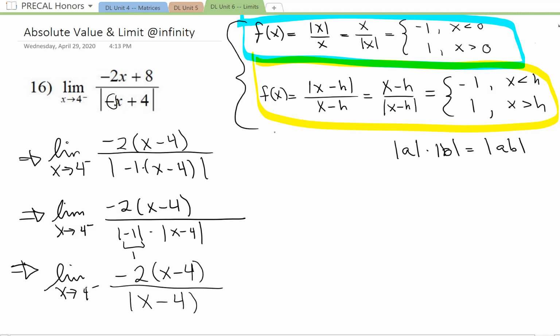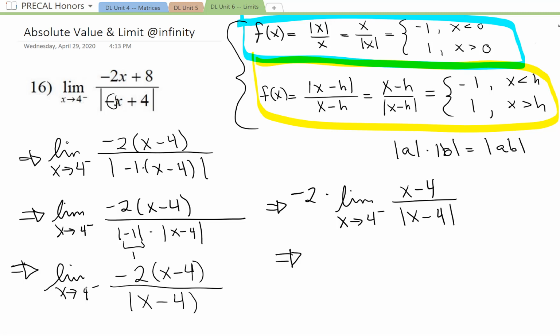We're almost there. It almost looks like the form that we're going toward. Let's take out the -2. So -2 is being multiplied by this fraction. I'll write it as -2 times the limit as x approaches 4 from the left of x minus 4 over absolute value x minus 4. That's -2 times this limit.